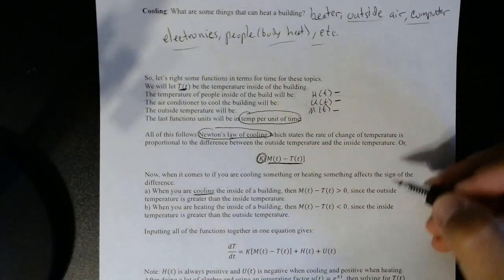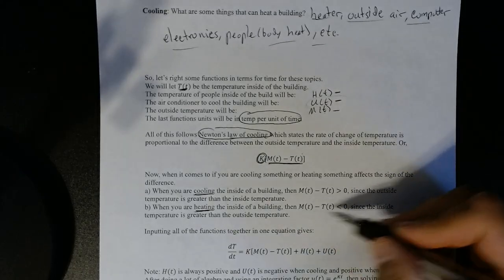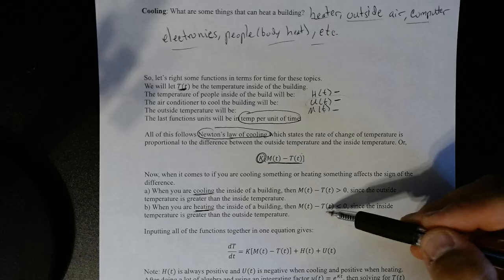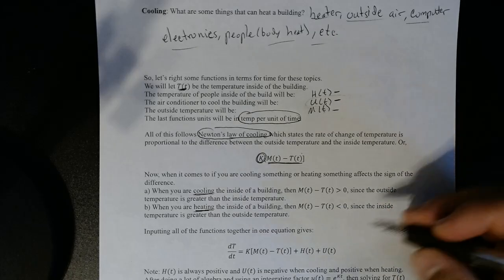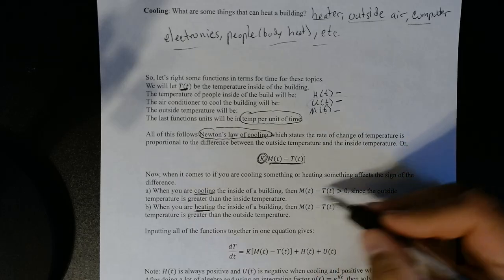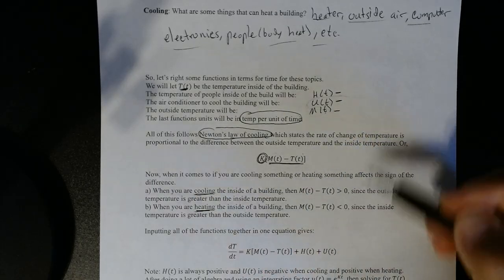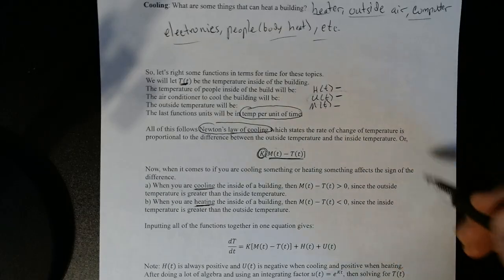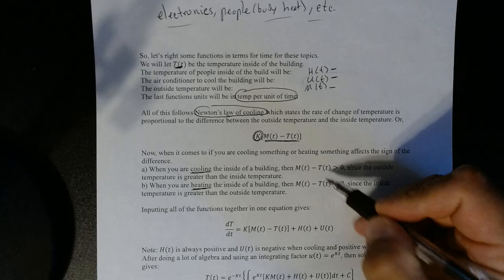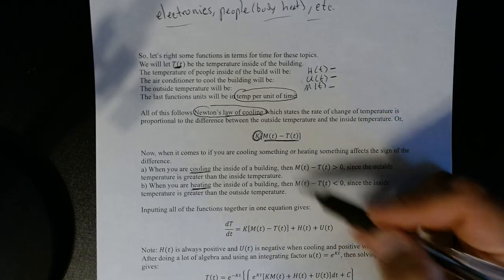What represents heating is the opposite: when this is less than 0, meaning the outside temperature is colder than the inside temperature, that represents heating. It's not as obvious when it comes to the subtraction, but when it comes to how air conditioners and heaters are built, that kind of makes sense now. So the situation here is that it's either going to be positive or negative depending on the heating and cooling of the building.